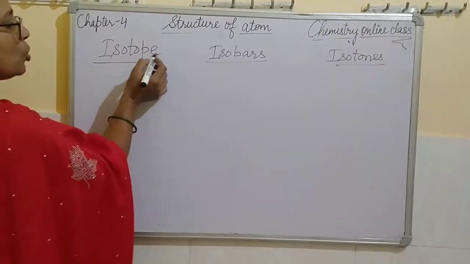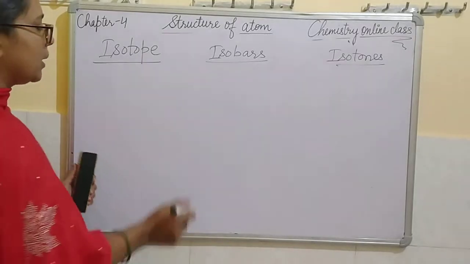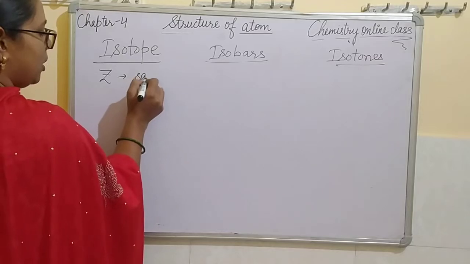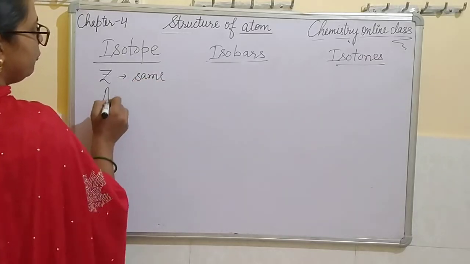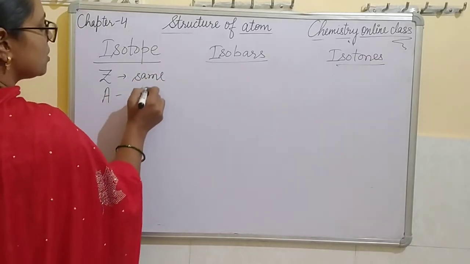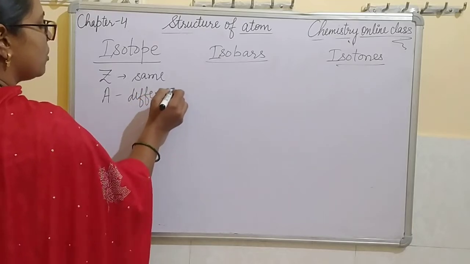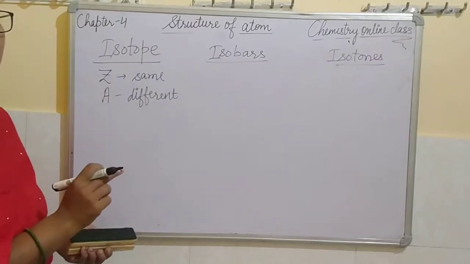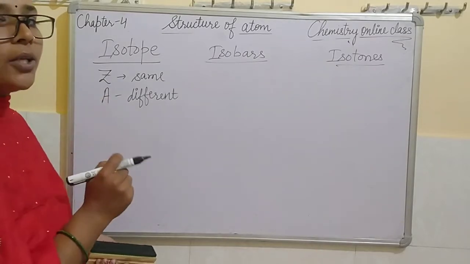These are very simple. What are isotopes? Isotopes are the elements which have the same atomic number but different atomic mass number. That means their mass number is different but their atomic number is the same. These are named isotopes.